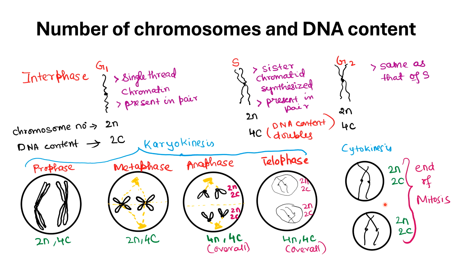So we will have two copies, and each will have a 2n chromosome number and 2c DNA content, because we are just getting half of the chromatids. Is that clear? This is a frequently asked question, and various objective questions will be asked, like what is the chromosome number after the cell has exited the G2 phase, or after it has exited the S phase. You can just apply the concept and answer it.